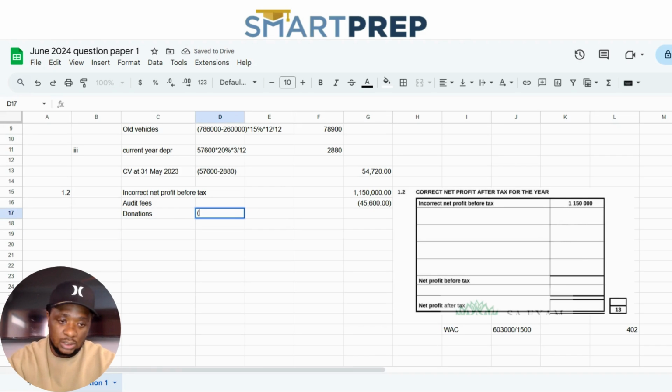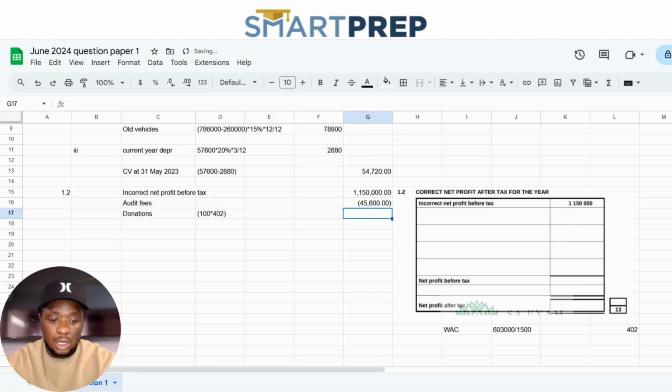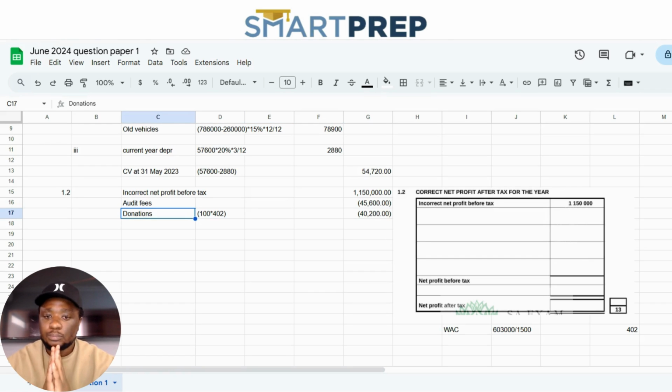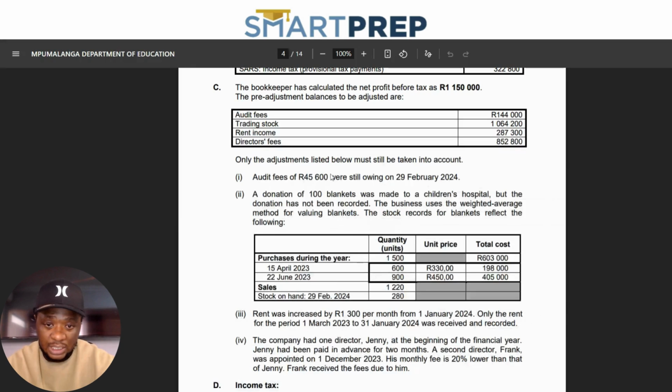It will be calculated like this: 100 units multiplied by 402 Rand per unit in terms of the cost. And that will give us the total for donations. All right, cool. Now let's move on to the next thing in this information, because remember these donations had to be taken into account.